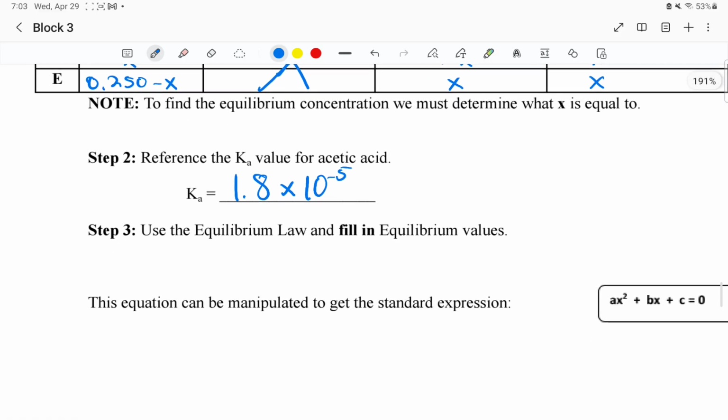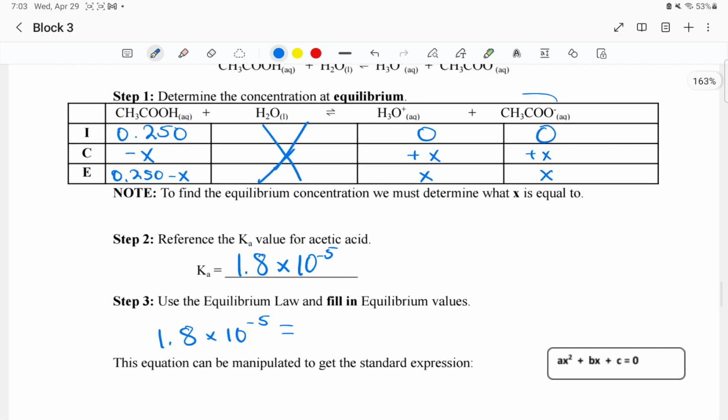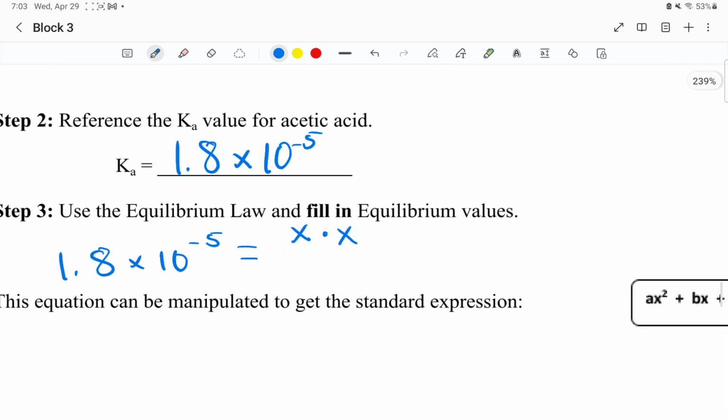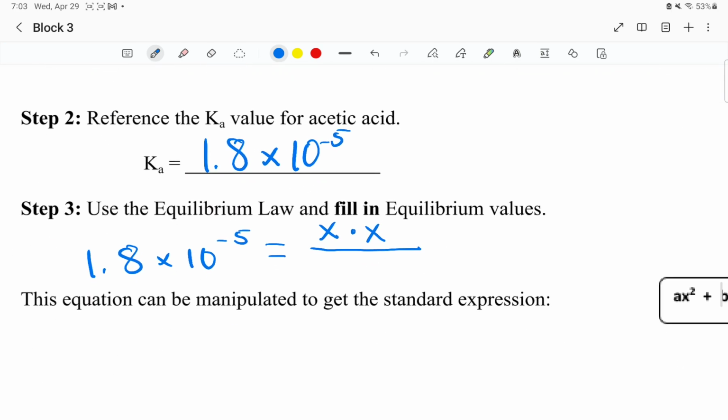So your Ka, 1.8 times 10 to the negative 5, is going to be equal to this times that divided by that, AKA x times x over 0.25 minus x.